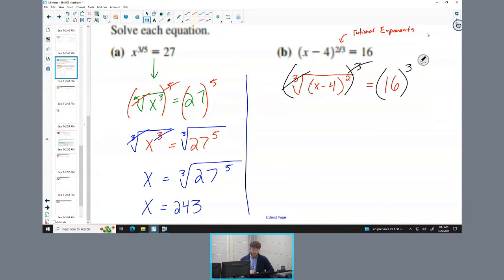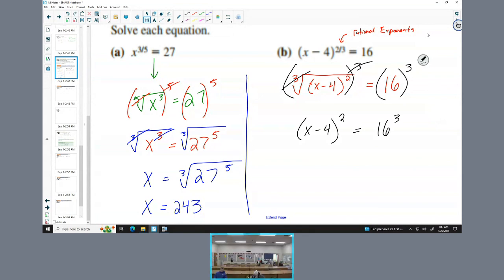The cube and the cube root cancel out, and I have (x minus 4) squared equals, I'm just going to say 16 cubed. Did that open the door to extraneous solutions? No, it didn't. Thank you. I appreciate it. It did not. So I'm still good there.